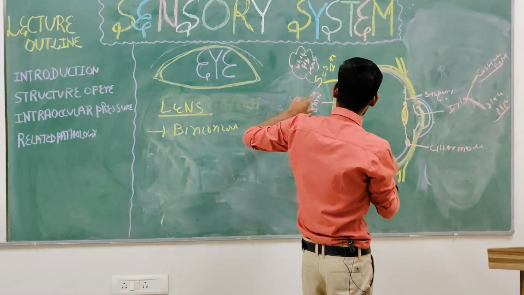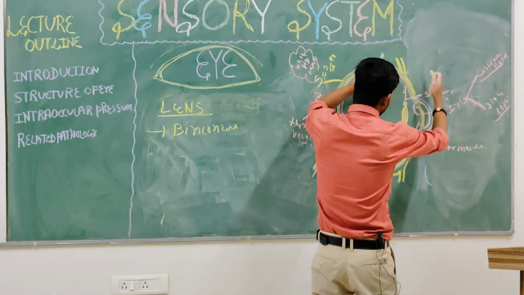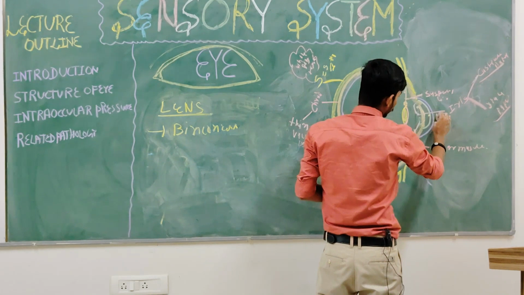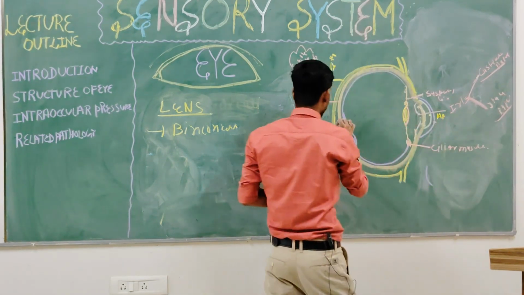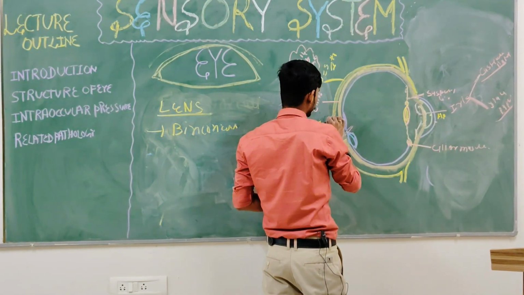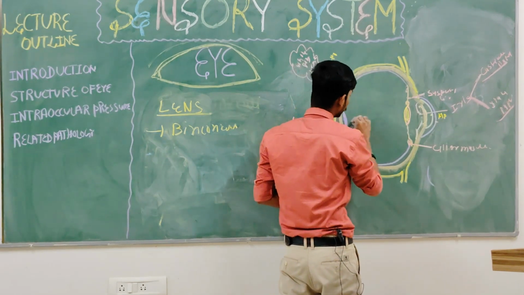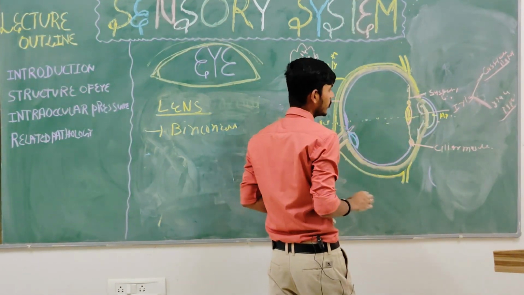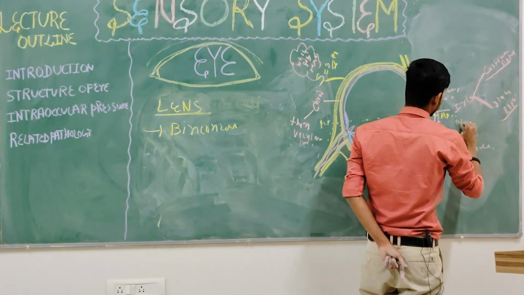See, this portion is called the anterior pole, and this is called the posterior pole, and the line which joins the anterior pole and posterior pole is called the optic axis.